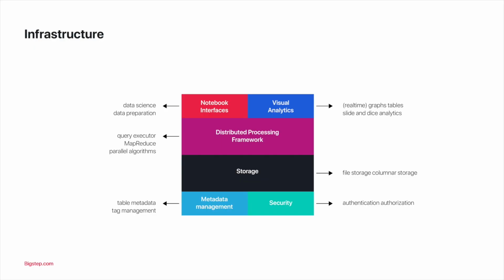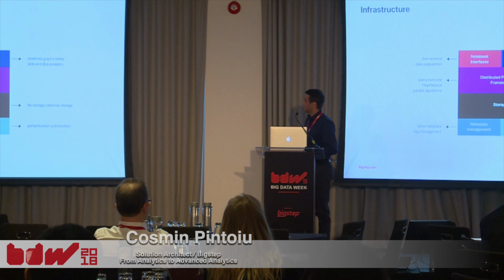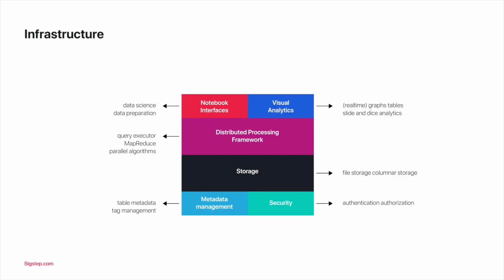All these on top of a parallel processing engine, on top of a storage that can accommodate this type of requests. So you have either Spark, MapReduce, Tez, or other parallel algorithms on top of file storage, columnar storage, and so on.